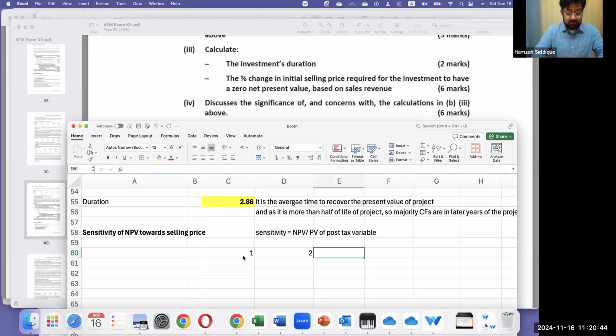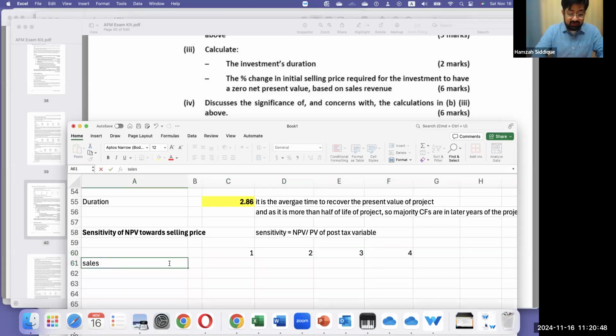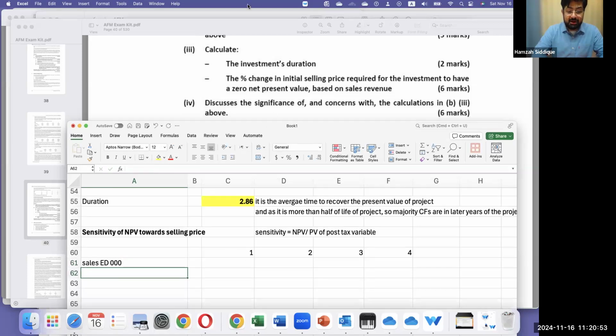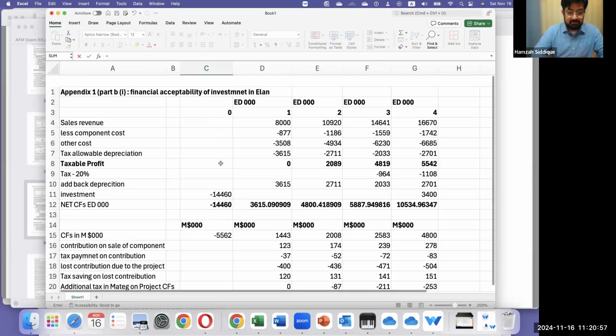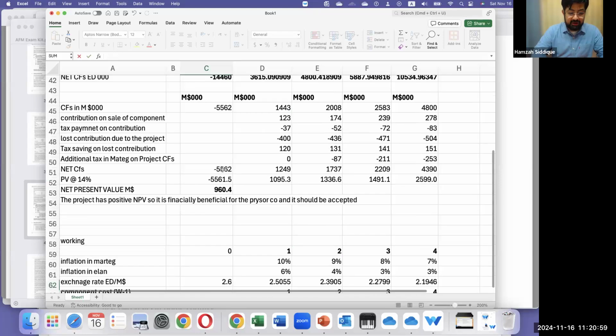So year 1, 2, 3, and 4, sales. And sales are in ED. If you remember, sales are in ED. This one, 000.